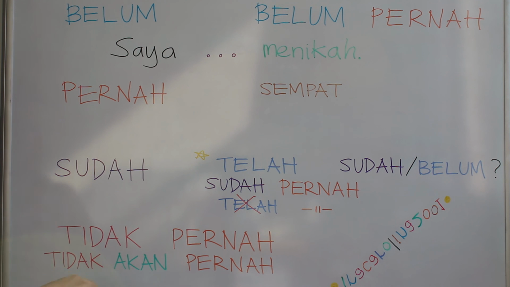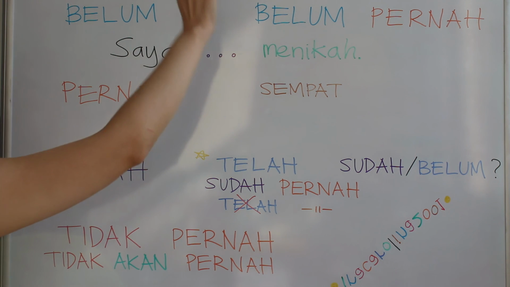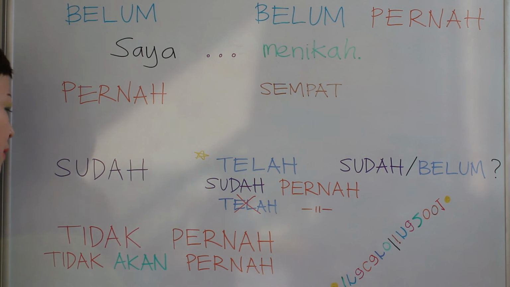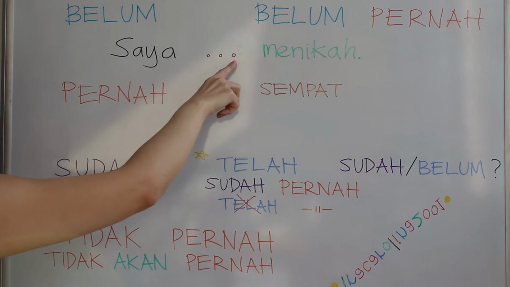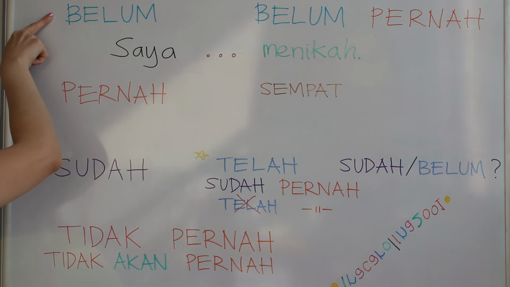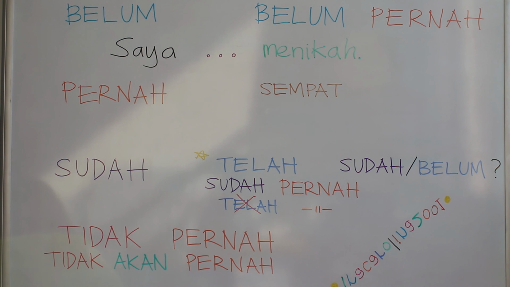I never married. The difference: if you say belum pernah, it means not yet. But if you say tidak pernah, it means never. That's the difference between belum and tidak, because belum is not yet and tidak is no or not.